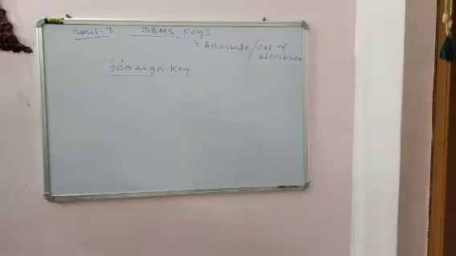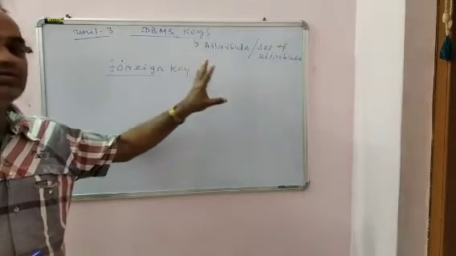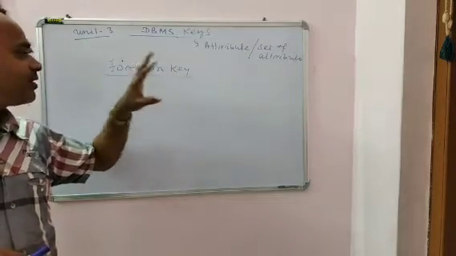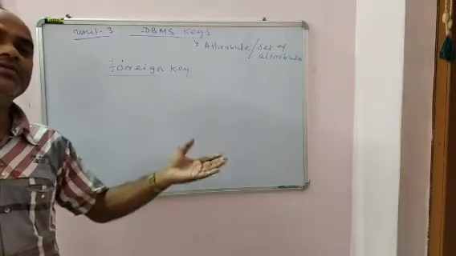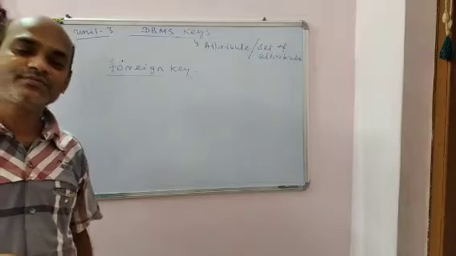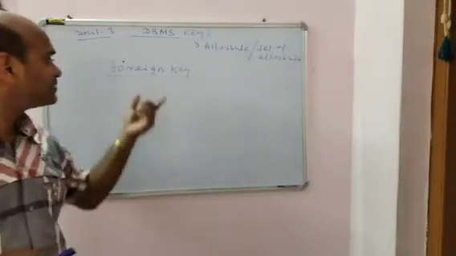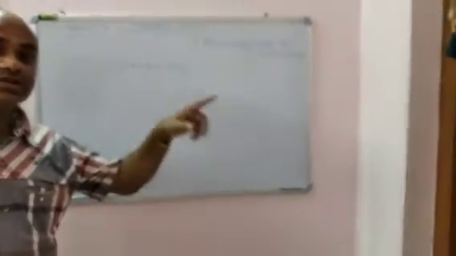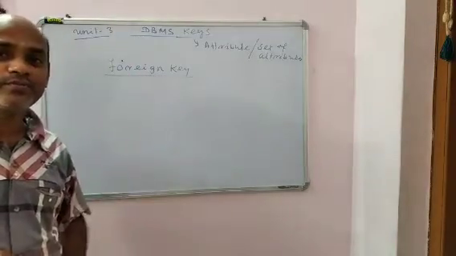So the primary key is uniquely maintained, and a primary key of a table can be a key of another table. In that table, where it is not the primary key, it is called the foreign key for the current table.